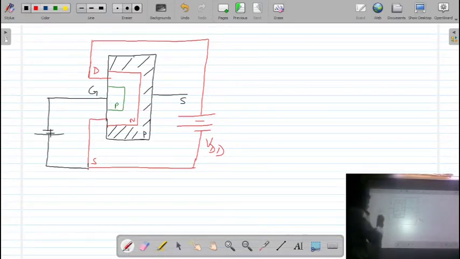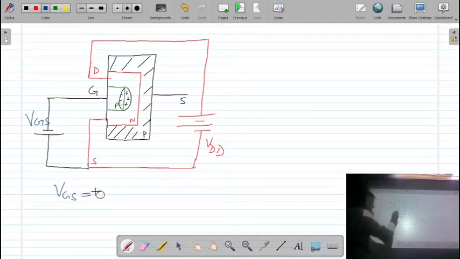Due to this negative voltage, a depletion layer is formed here. Here you will get a layer of positive ions, and here a layer of negative ions. Initially, when the gate to source voltage VGS is 0, the full width is available for conduction, so current is maximum.